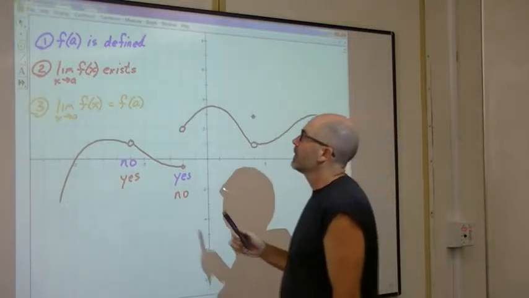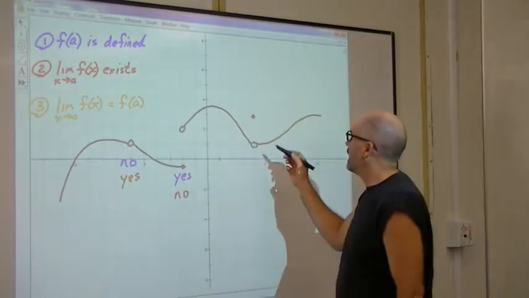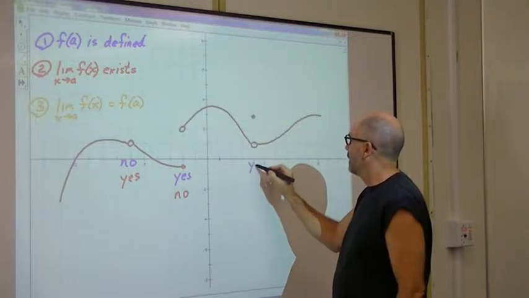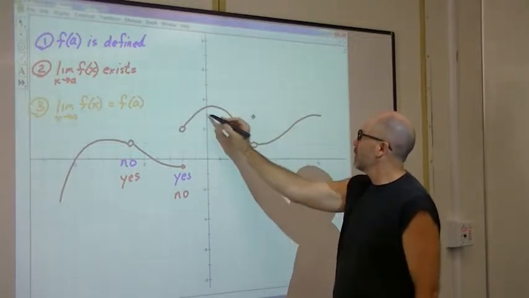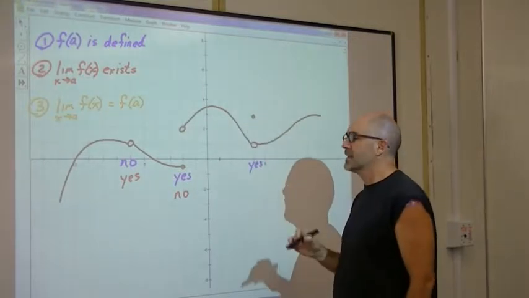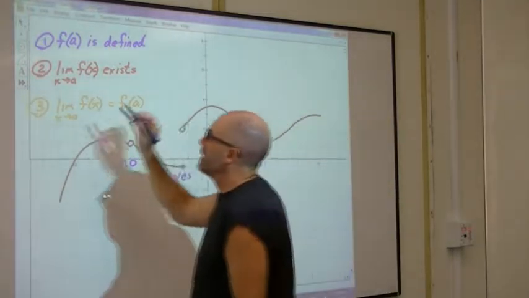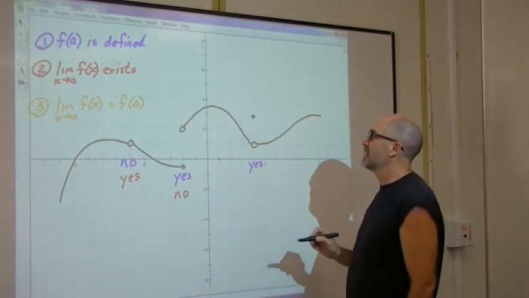Okay, now, is f of a defined? Yes, it is. F of 4 equals 3. So f of a is clearly defined. Now, does the limit as x approaches a of f of x exist?